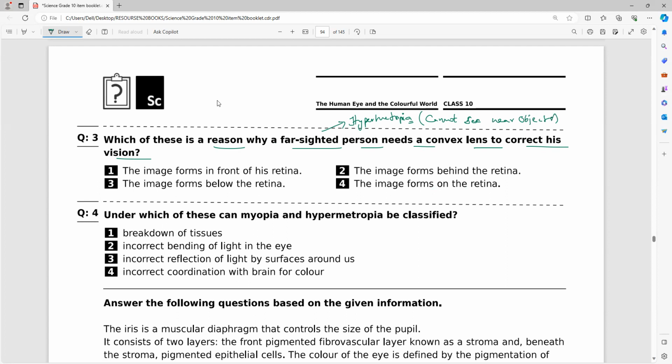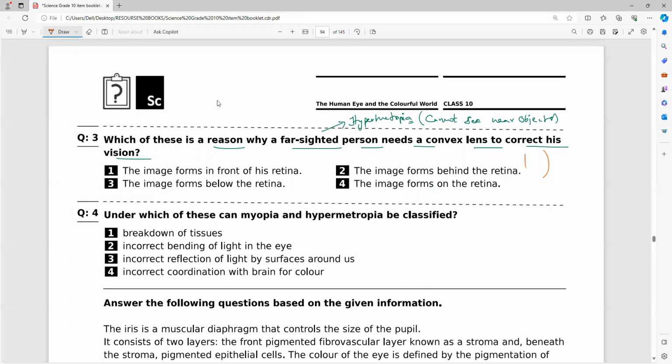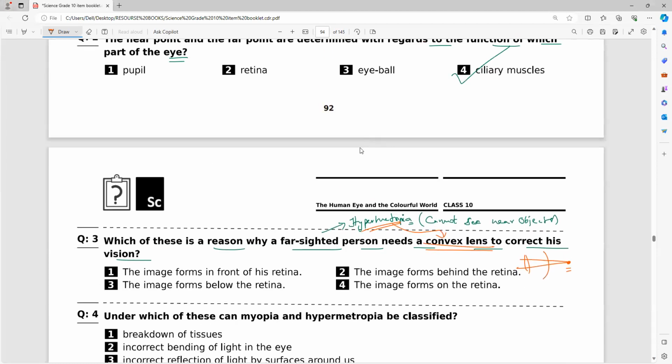It is caused because the ciliary muscles become weak, so it takes more time to converge the light and the image forms behind the retina. So we have to increase the power, so we need to use a convex lens. Hypermetropia, convex lens.